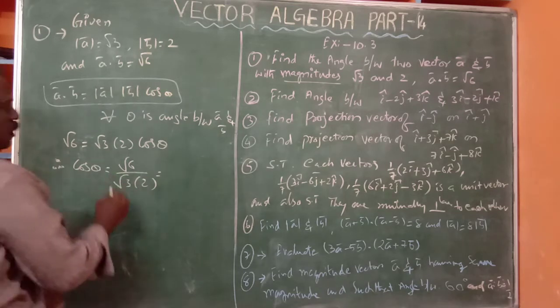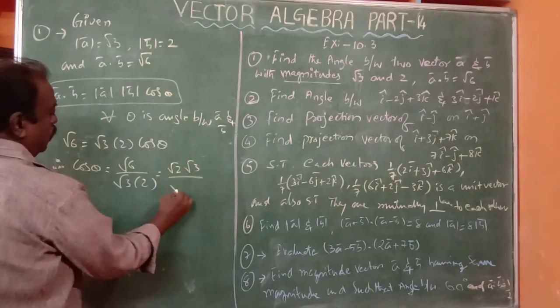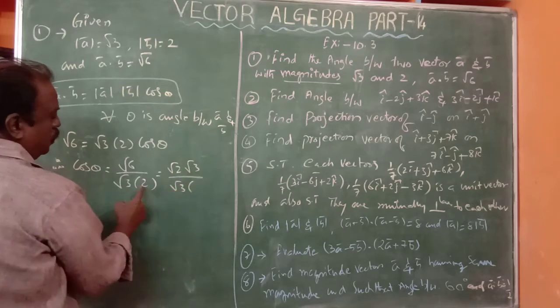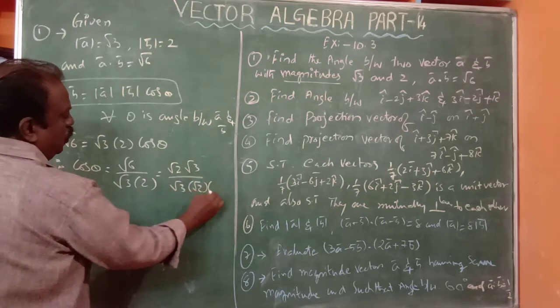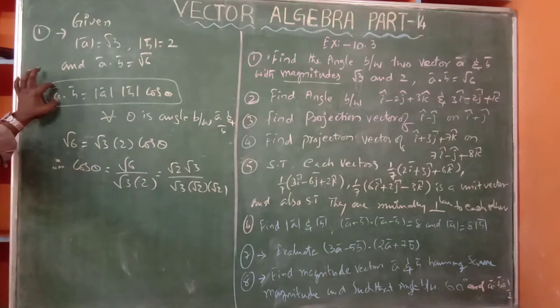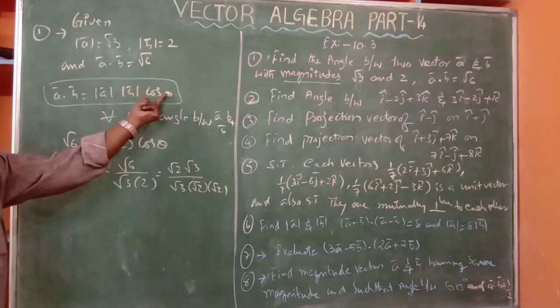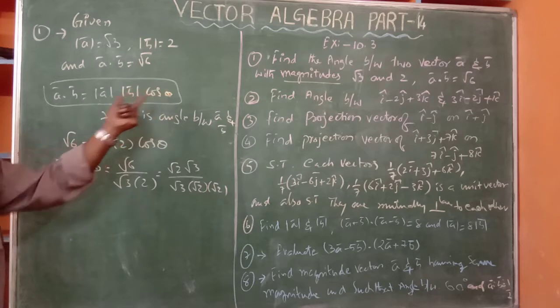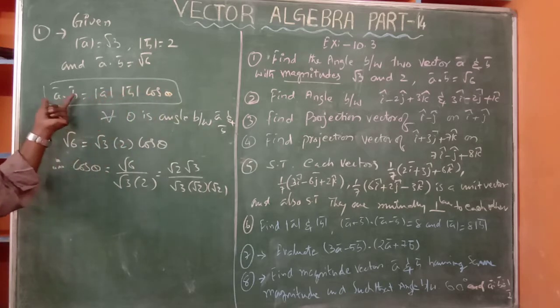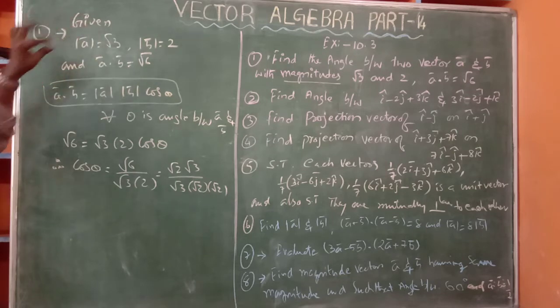Root 6 means root 2 into root 3, by root 3 into 2, and this 2 is nothing but root 2 into root 2. By definition, we know that A bar dot B bar is equal to mod A bar, mod B bar, cos theta. Here mod A bar, mod B bar is sent to this side. Or otherwise, simply we substitute the given values.